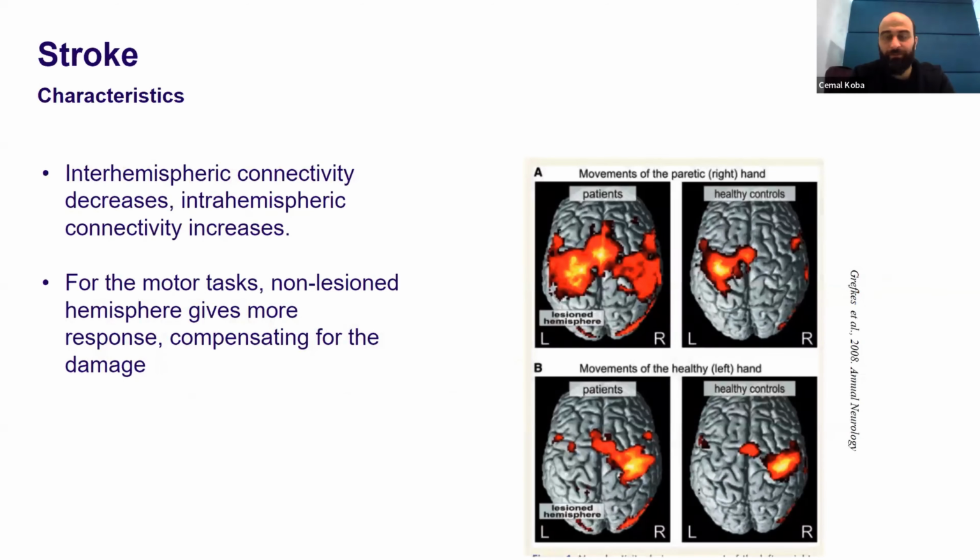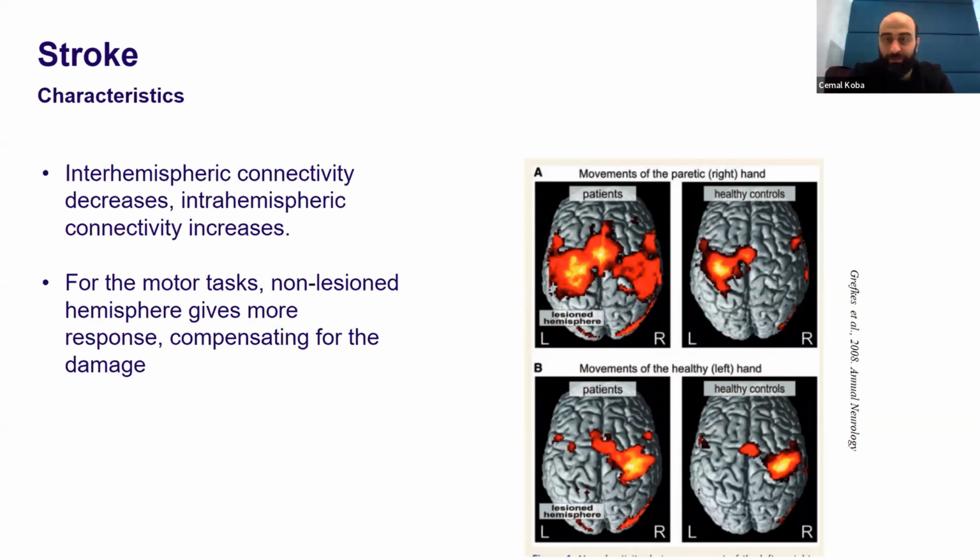Another common finding from stroke research is that interhemispheric connectivity decreases and intrahemispheric connectivity increases, meaning that the communication between hemispheres decreases and hemispheres become more autonomous.